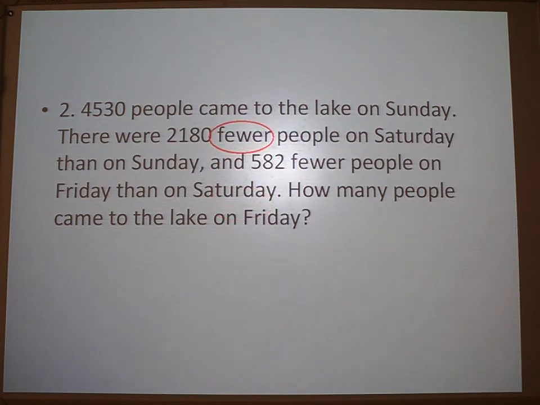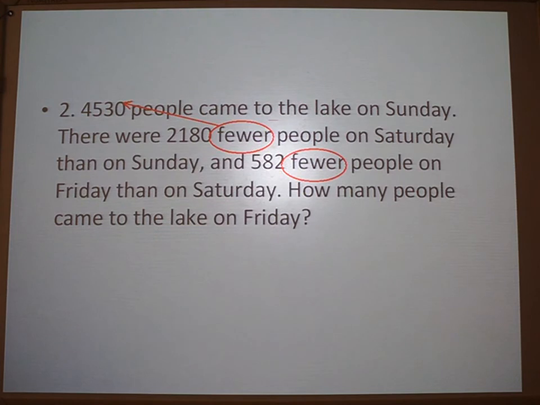For the first part, the keyword will be fewer. It means minus. So we need to compare the number of people with the total number of people on Sunday. And the second step, the keyword is fewer again.